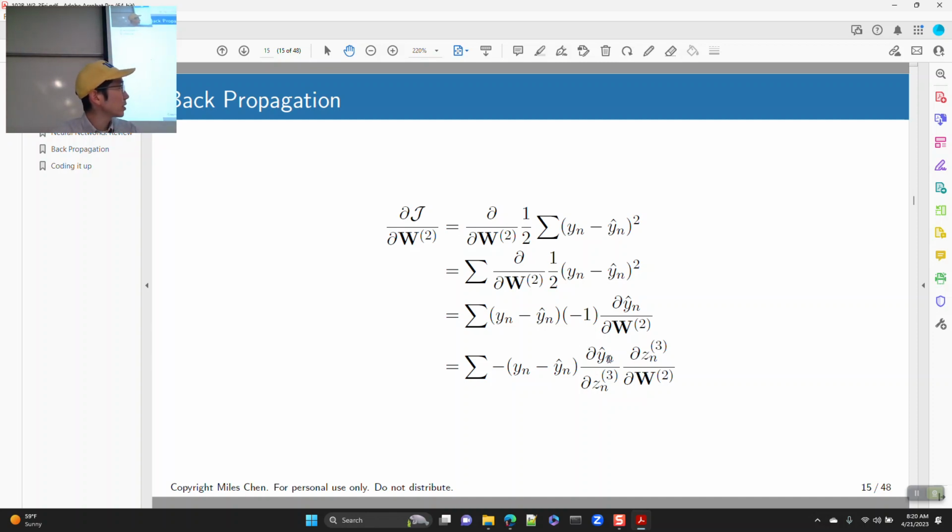We can split that into, how does y hat change with respect to the z value right before the activation function, and then how does that z value, z3 sub n, change with respect to W2? Okay, so this is where we are right now. For each observation, we have to figure out how y hat changes with respect to z n, and how that changes with respect to W2.